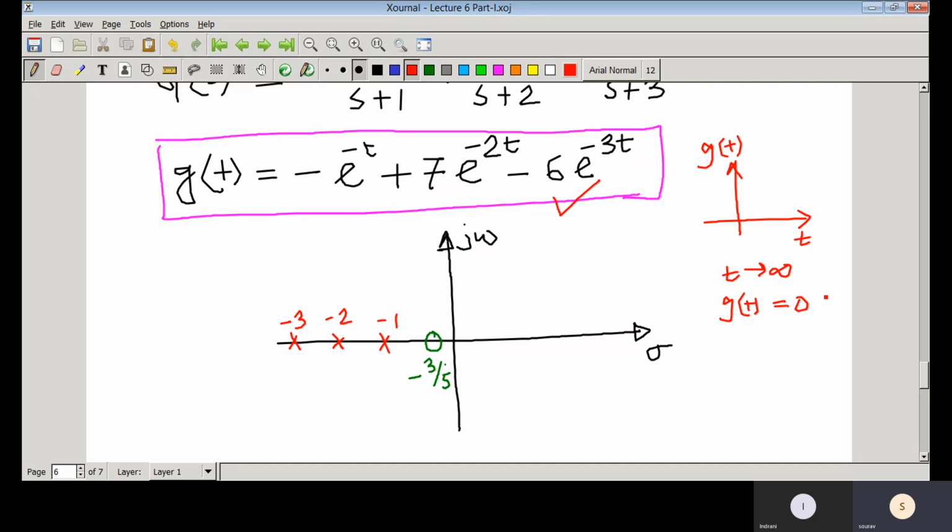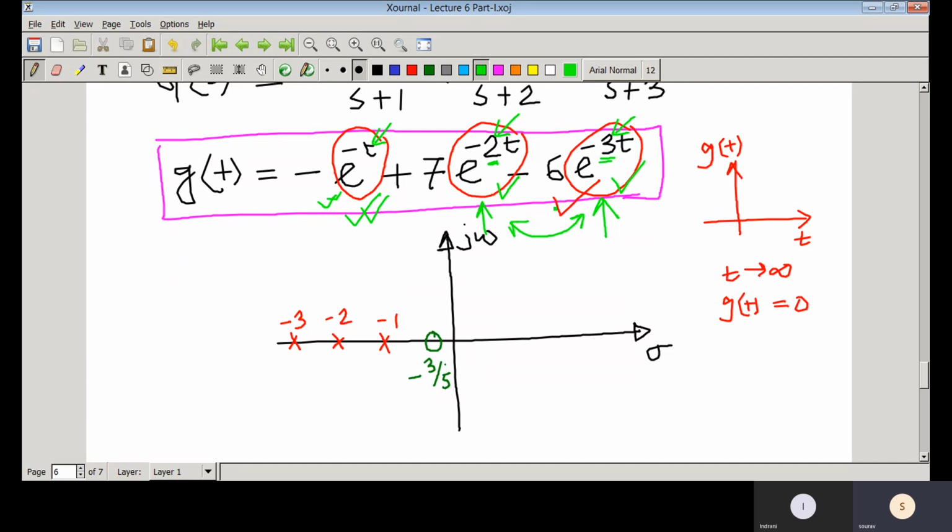But one important thing you can notice is that there are 3 terms, with -1, -2 and -3 in the exponents. As time progresses, the second and third terms will die out very quickly compared to the first term.